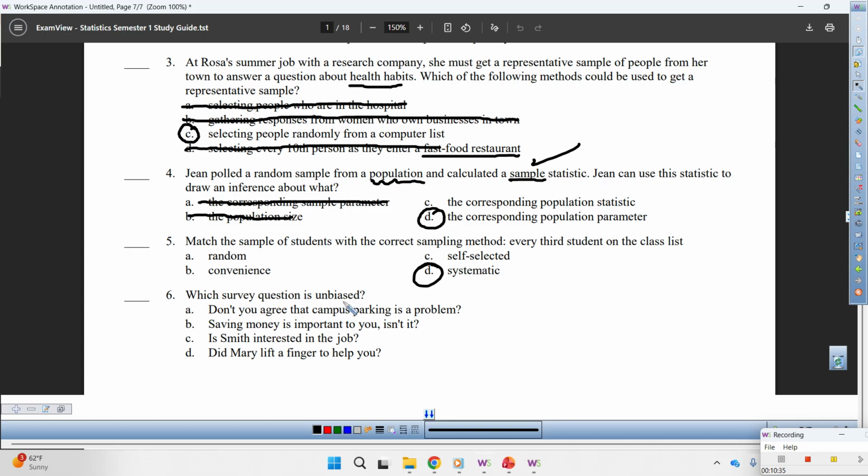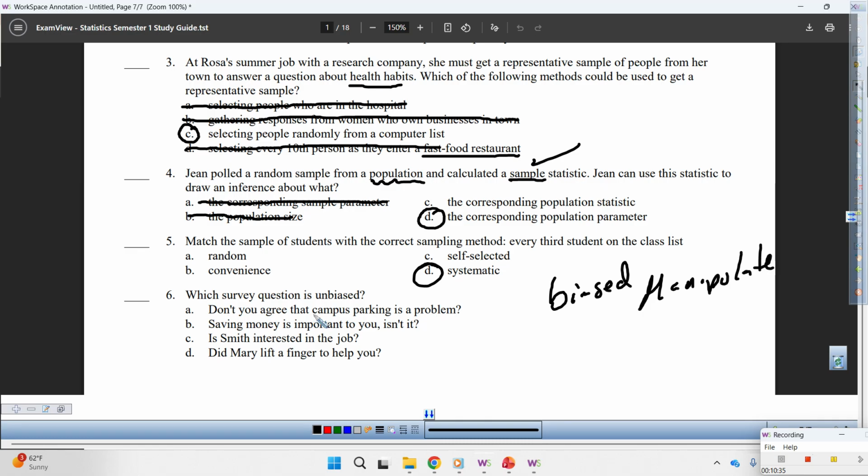Which survey question is unbiased? Now remember, anytime you hear biased, it is when they are trying to manipulate you into thinking whatever they want you to think. So bias is manipulation. Unbiased is not being manipulated.